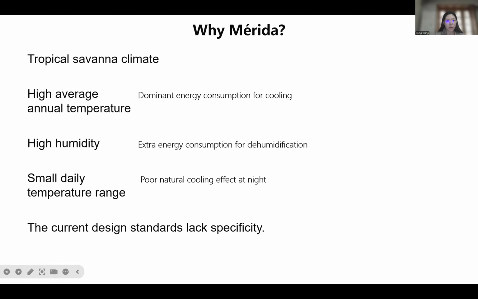So, why Mérida? First, the annual average temperature is high. Cooling is the dominant energy demand, not heating. Second, the humidity is extremely high. This not only makes people feel uncomfortable, but also forces air conditioners to consume extra energy for dehumidification.